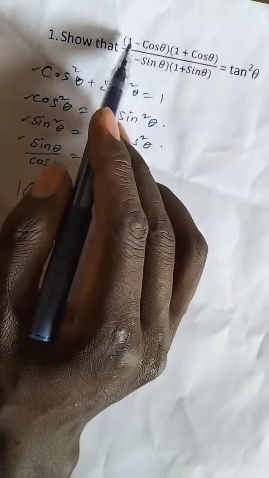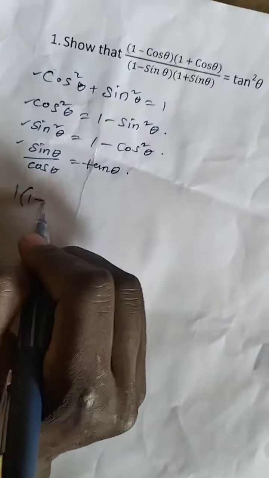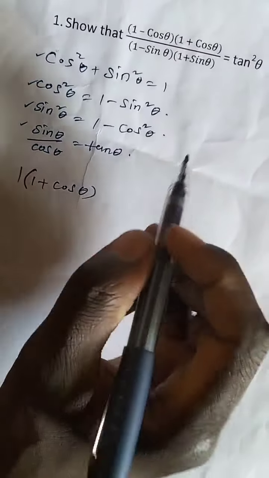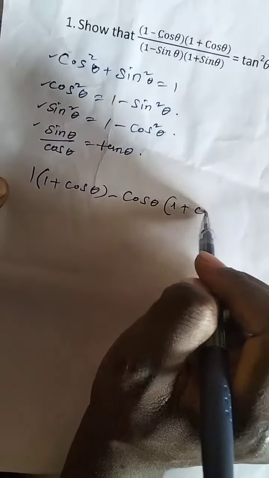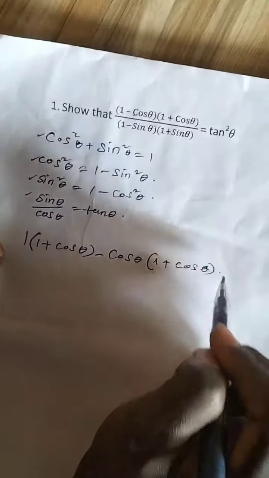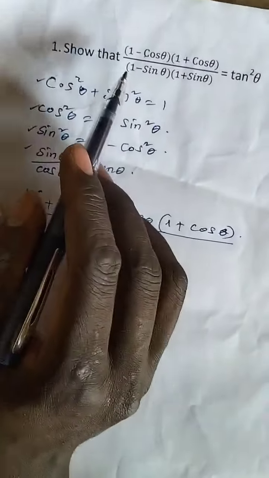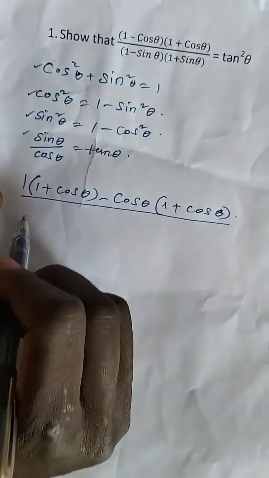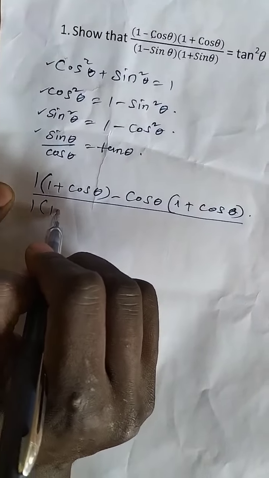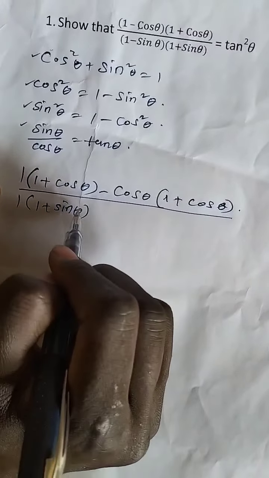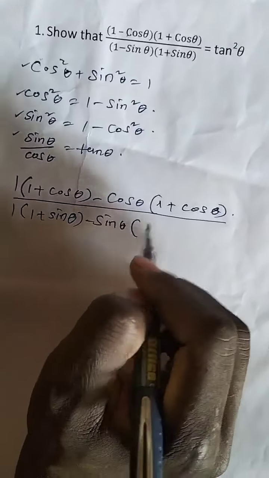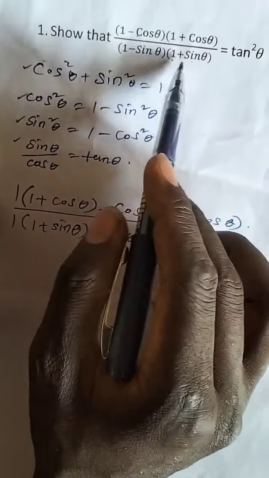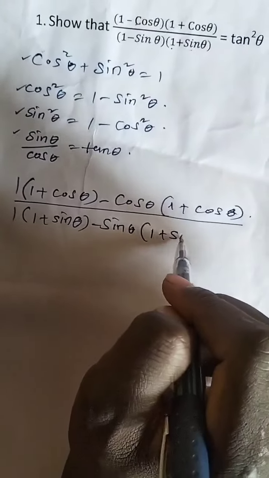We multiply 1 by 1 plus cosine of theta, minus cosine of theta into brackets 1 plus cosine of theta, divided by, for this one, we multiply 1 by 1 plus sine theta, minus sine theta into brackets multiplied by 1 plus sine theta.